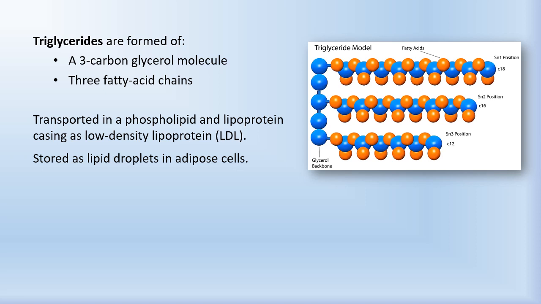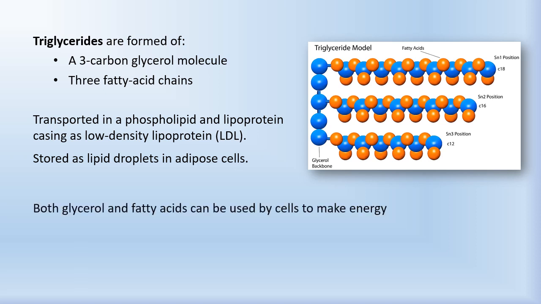Generally, triglycerides are stored within fat cells, adipose cells, as lipid droplets. They can then be broken down for energy. Both glycerol and the fatty acids can be used to provide energy for cellular functions. In fact, they're better than glucose.